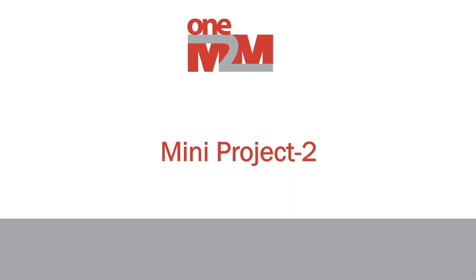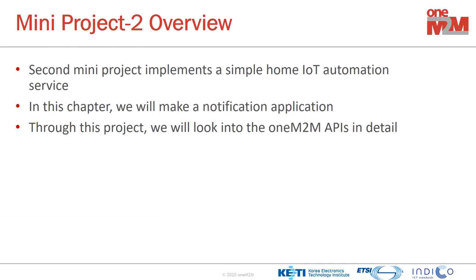And let's go to the second mini project. As an overview, as we said before in the introduction, we are going to have a really simple home IoT automation service implementation. Basically, when the sensor reading goes up, we do something. When the sensor reading goes down below the threshold, then we will do the other thing.